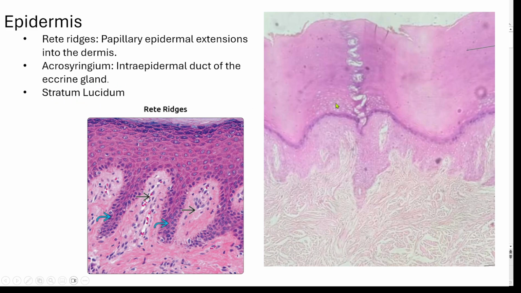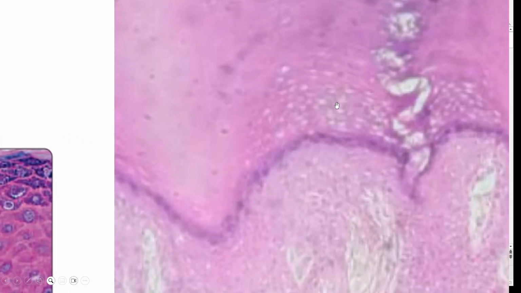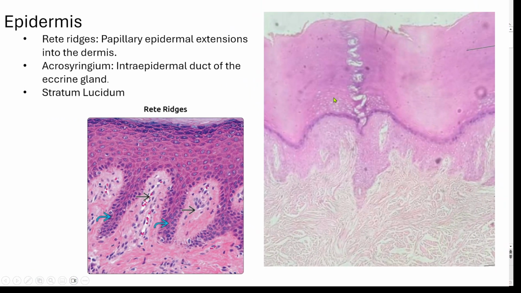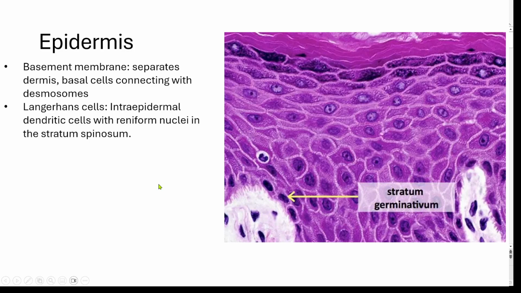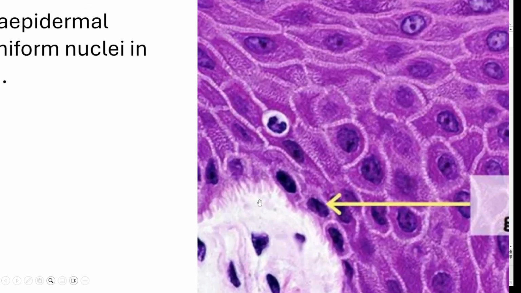And then we have this layer that is the stratum lucidum. This is acral skin, and it is difficult to really tell, but these white patches, these white areas are basically the stratum lucidum, I believe. Then we have the basement membrane here. It is very difficult to distinguish, but you remember that the basal cells have these desmosomes.